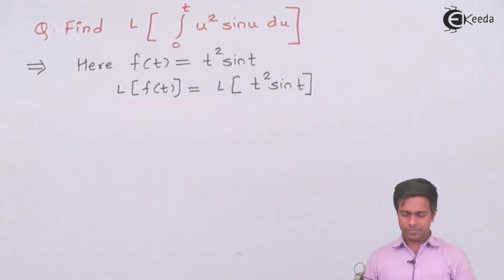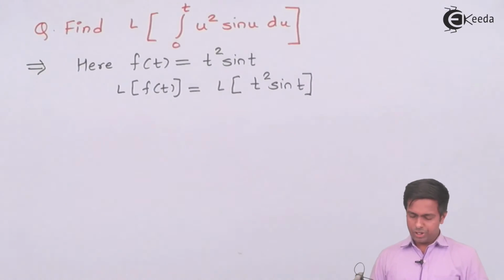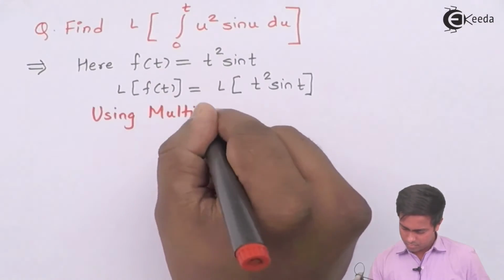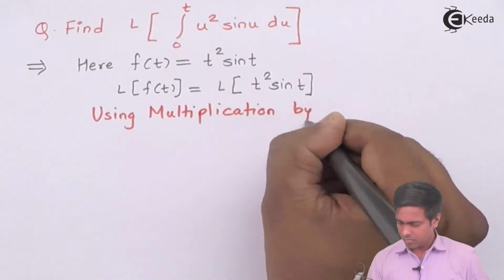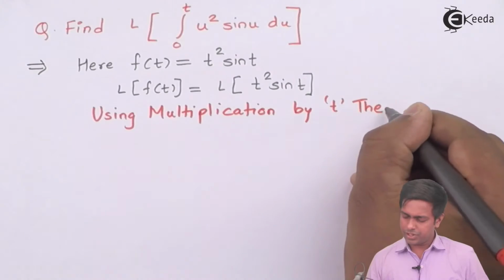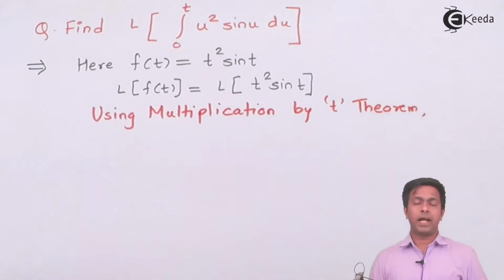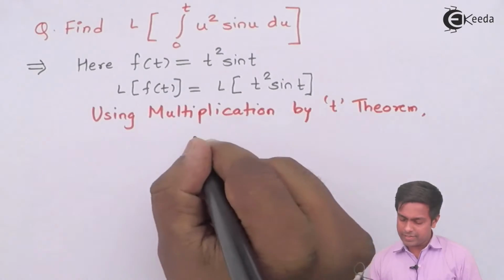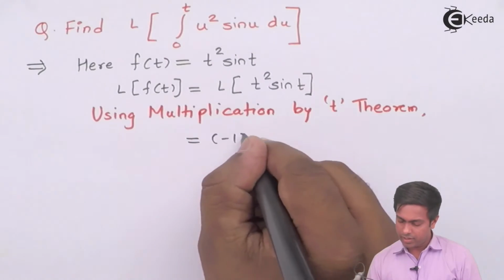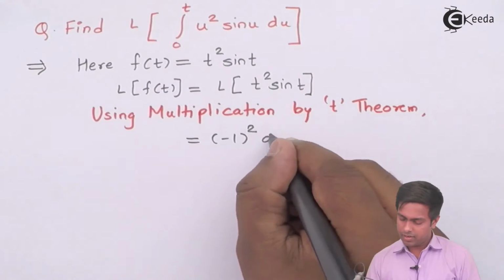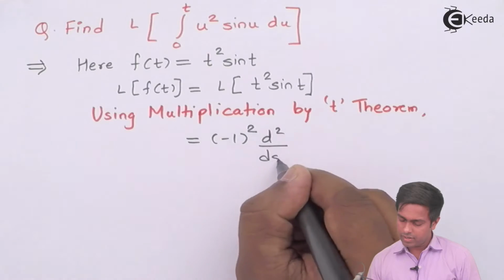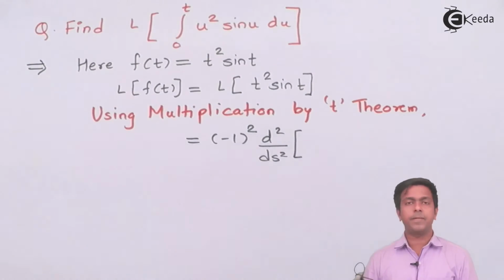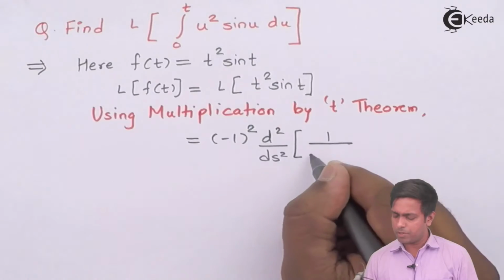Using the multiplication by t theorem, by this theorem we will get the answer as (-1)^2 d^2/ds^2 of phi of s, and phi of s is the Laplace of sin t. So Laplace of sin t is 1 upon s square plus 1, that we all know.